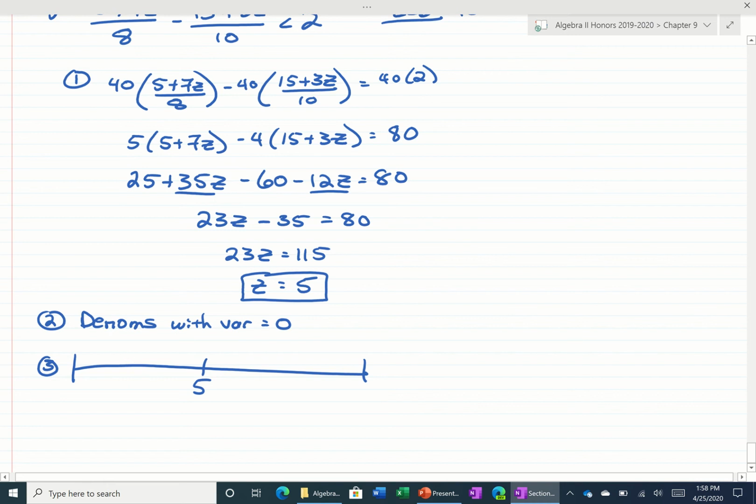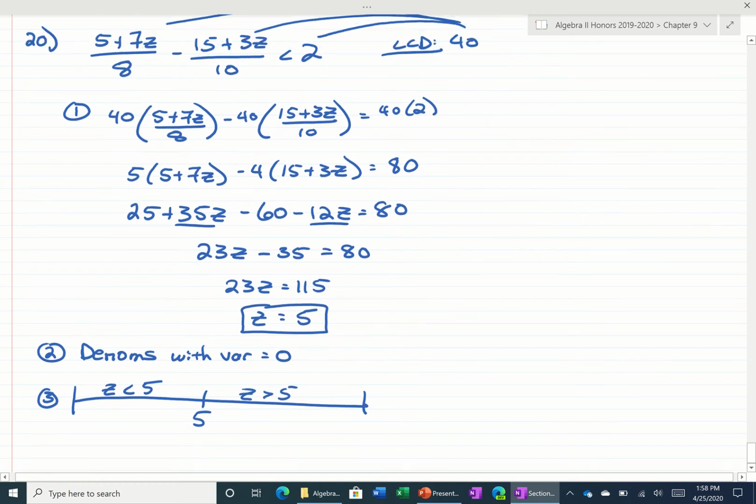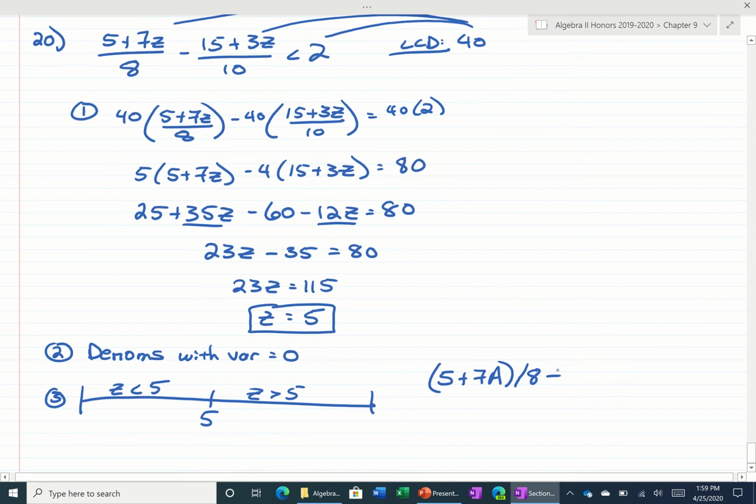Let's see here. Test numbers less than 5, and we'll test numbers greater than 5. And in my calculator, the way I would store this would be 5 plus 7a in parentheses divided by 8. Remember, anytime there's multiple things in a numerator or denominator, we use parentheses.